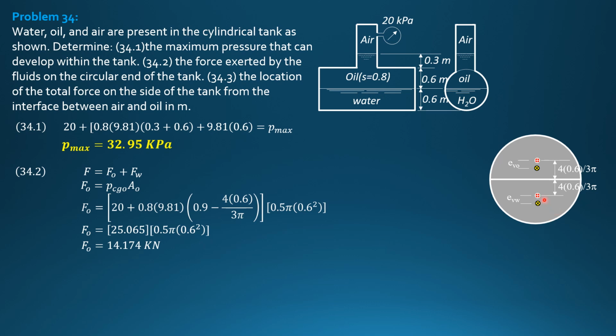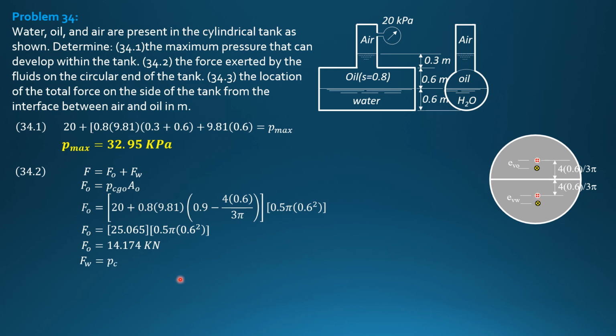Then for water, pressure at the centroid of water is 20 plus 0.8 times 9.81 times 0.9 plus 9.81 times 4r over 3 pi. So take note that the distance from diameter to centroid of the lower half is 4r over 3 pi.